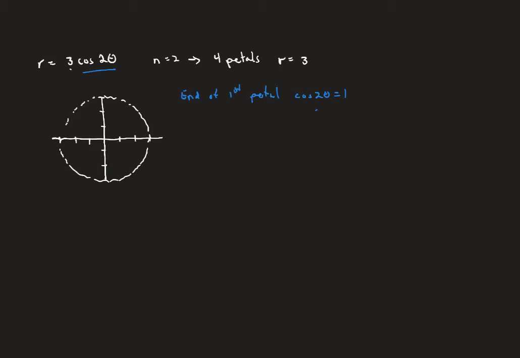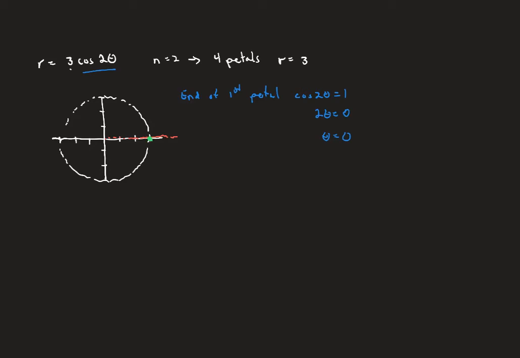Now we know that cosine is equal to 1 when theta is 0. So we're going to set the 2 theta equal to 0, divide by 2, and that means that the end of the first petal is going to lie on the angle theta equals 0. So there's our angle, theta equals 0, and when that runs into our circle, that's going to be the end of our first petal.